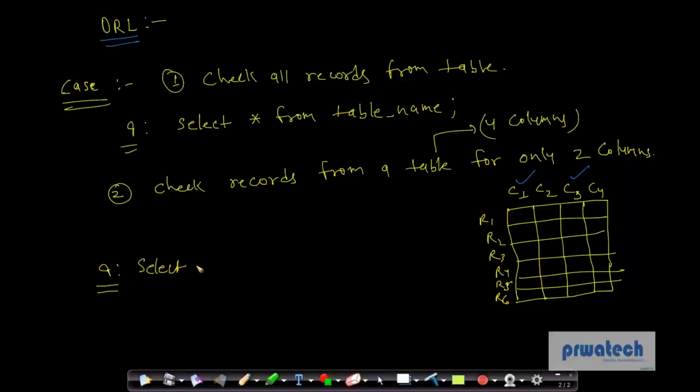Select, I need C1 and C3, so I write their column names: column 1, comma, column 2. Whatever the names of your columns are, please write those column names here instead of column 1 and column 2. From table name. This will fetch me only two columns of data, not the other columns.